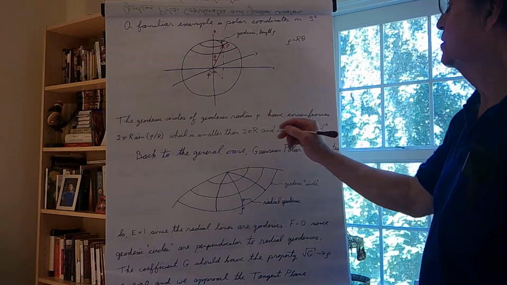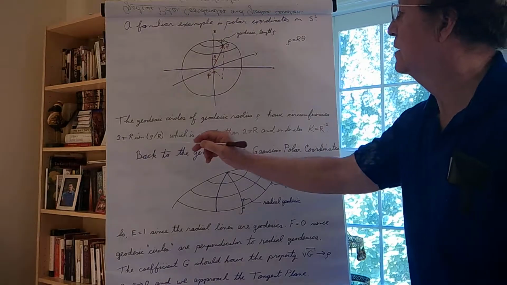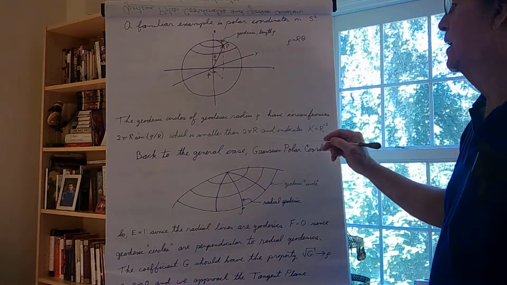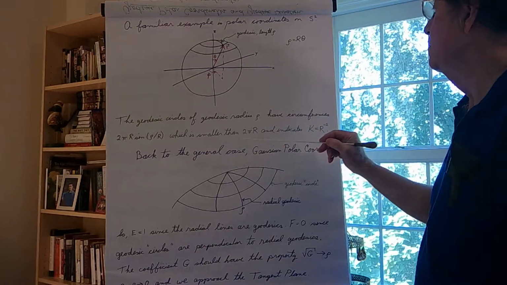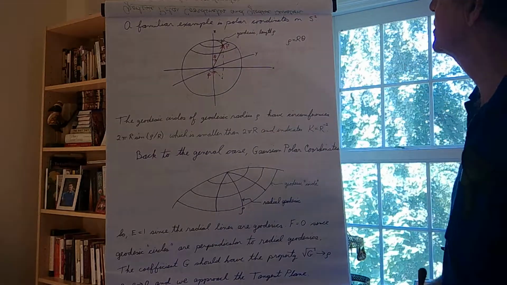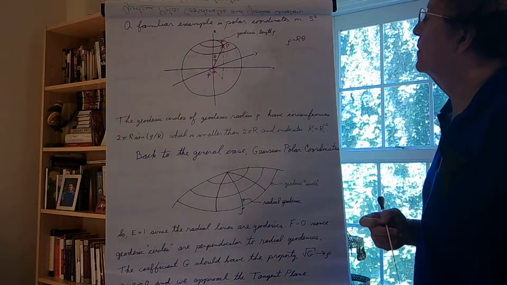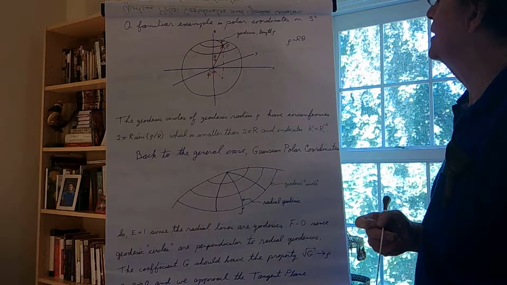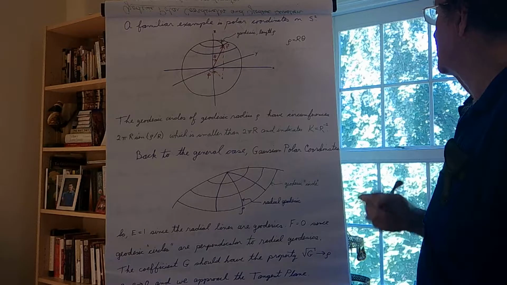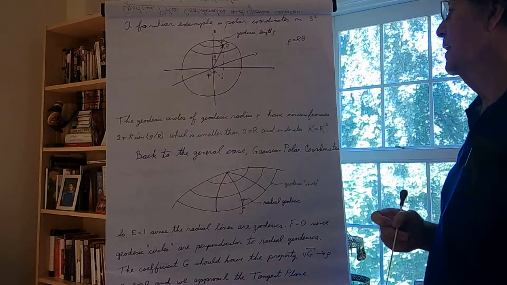Okay, the geodesic circles of geodesic radius rho have circumferences which is just 2 pi r sine of rho over r, which of course is smaller than 2 pi rho, and we've seen that indicates that the sphere has curvature, which is just 1 upon r squared, as we discussed when we did our spherical spaces early in the course, lecture 2.